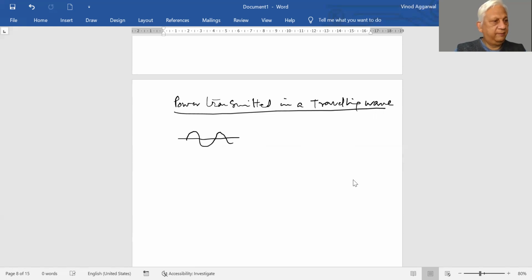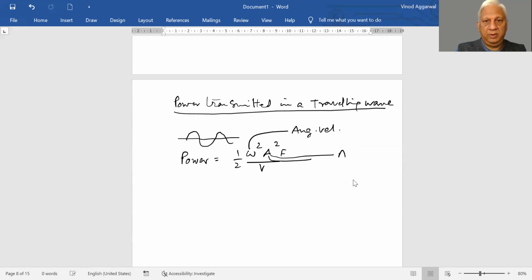It is given as, omega squared, where this is the angular velocity, this is the amplitude, this is the tension in the string, and this is the velocity of the wave.